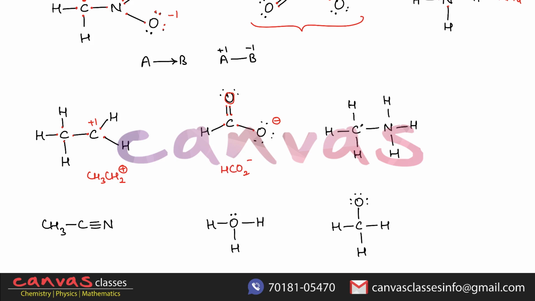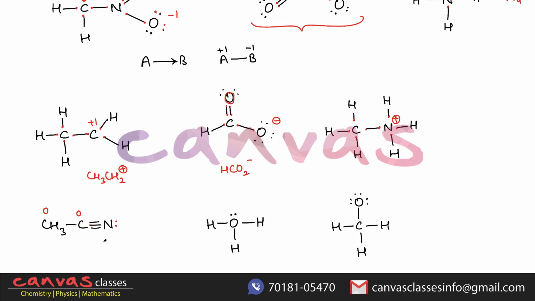Then here, carbon has all 4 electrons. Nitrogen also has only 4 electrons, so the nitrogen must be getting a formal charge of +1. This carbon here has 3 bonds with hydrogen and a 4th here, so 0 formal charge. This carbon 1, 2, 3, 4, 0. Nitrogen has 3 electrons here, and there will be a lone pair.